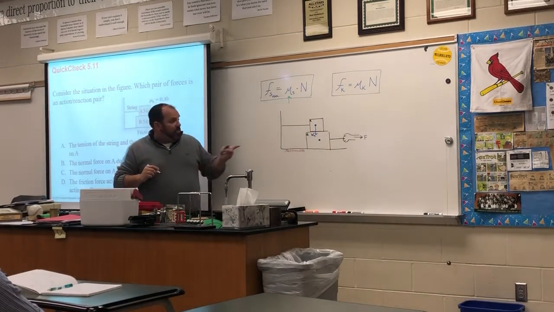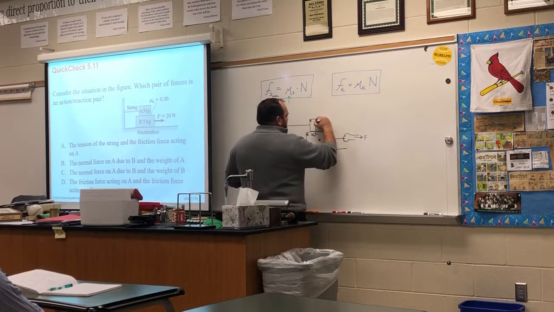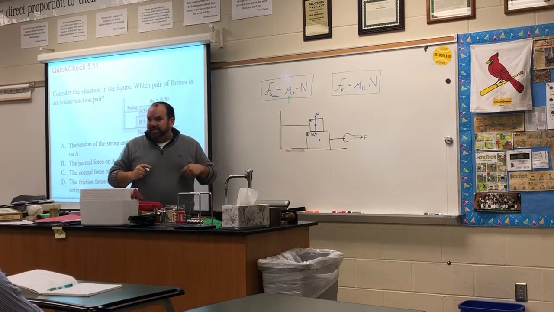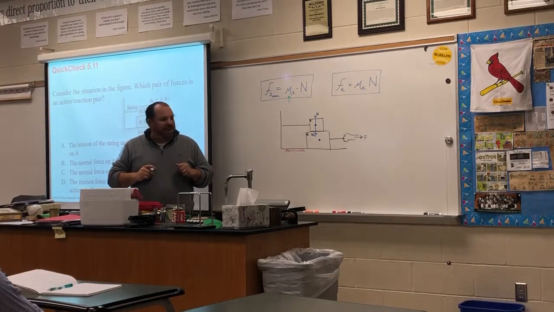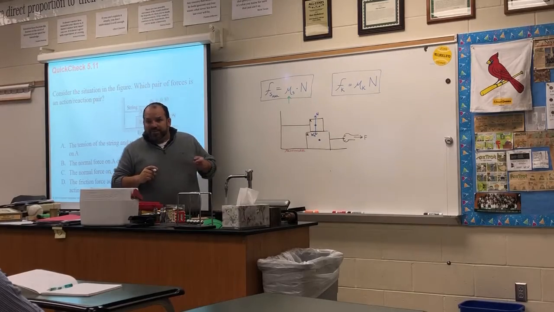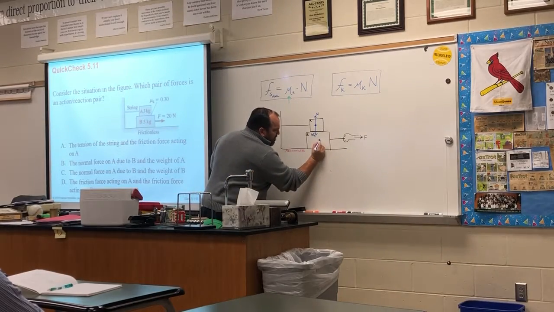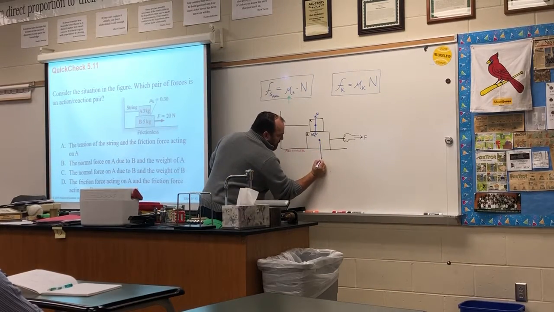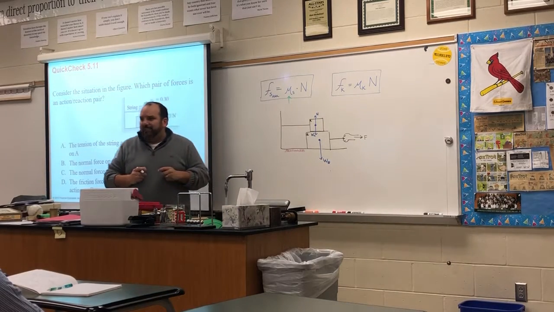What else do we have? The normal on that block, right? Everybody agree? Everybody okay with those being equal in size? Yeah. What about the bottom block? What forces are acting on it? Its weight. It's a bigger block, so I'm going to make its weight a little bigger. Is that the only thing acting down on that block?